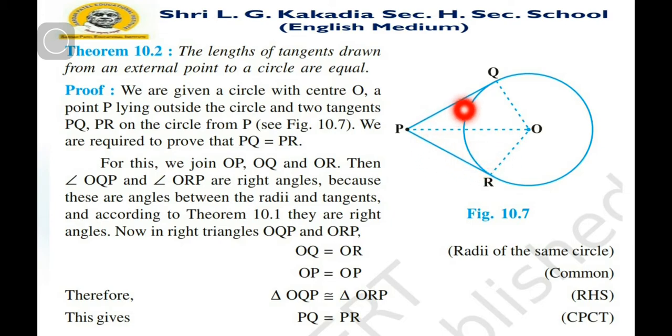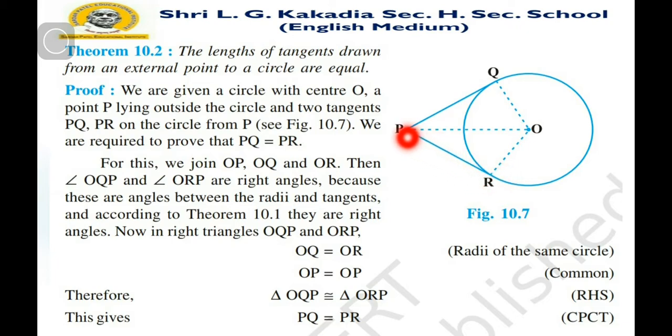So here we are given two right triangles. By a congruence rule we can prove both triangles are congruent, and after that we can compare PQ and PR and say that PQ and PR are equal.